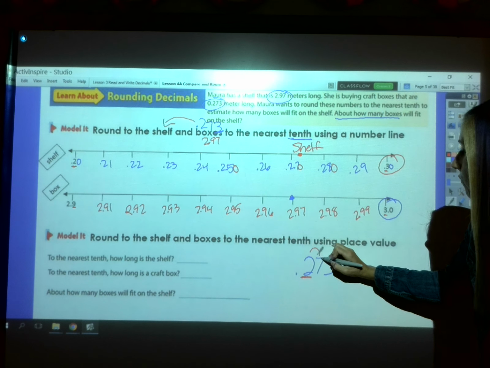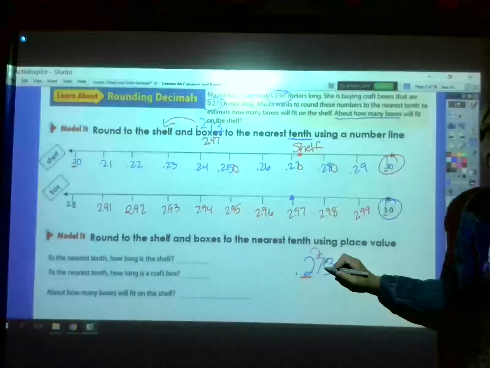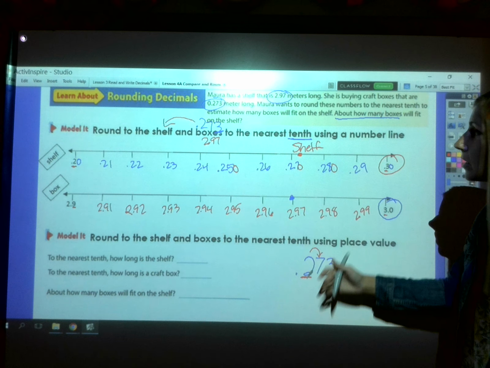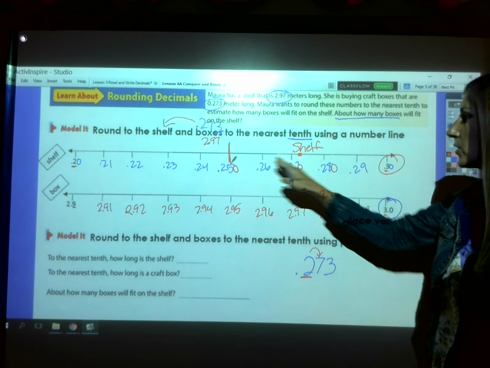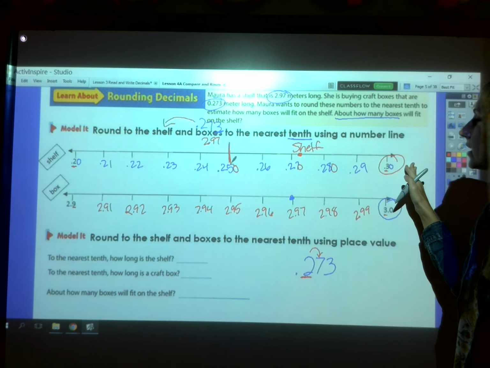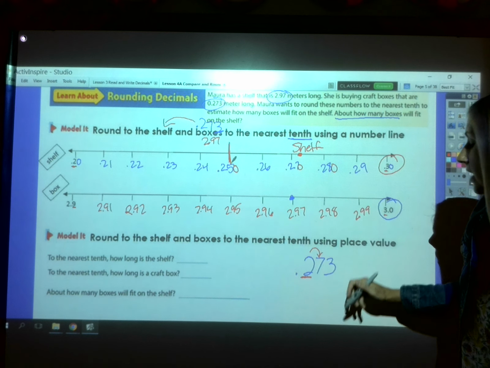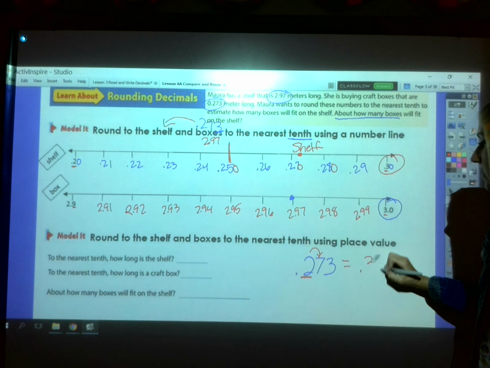And if I look to the right, I can see that this 7 is going to make the tenth place go up because it's past halfway. You can see that on a number line. If it's past halfway, it always rounds up because it's closer to the next one. So then that would equal a 3/10.